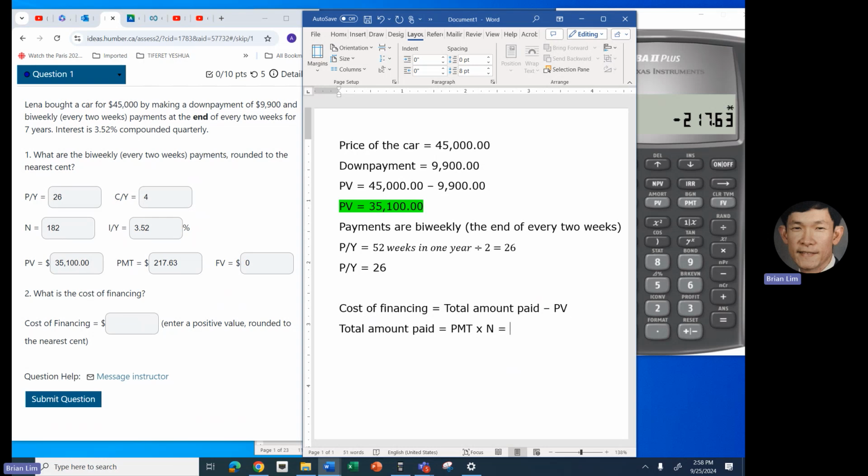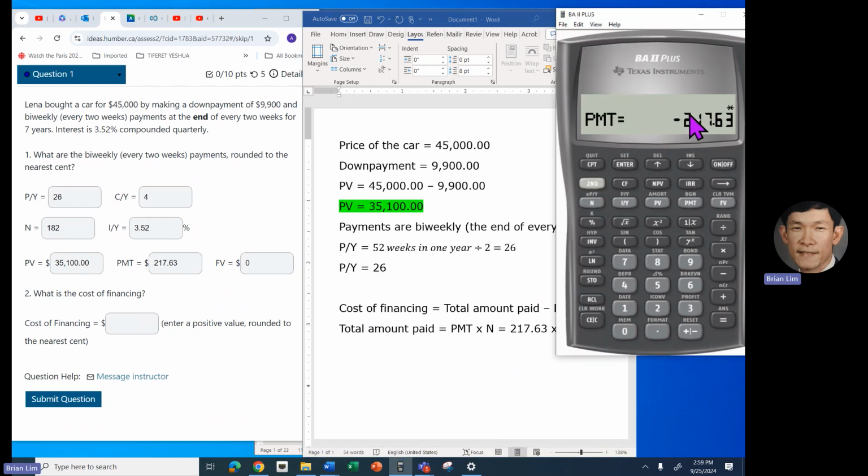In this case, 217.63 times 182. Where am I getting those numbers from? There they are: that is the payment right here, 217.63.